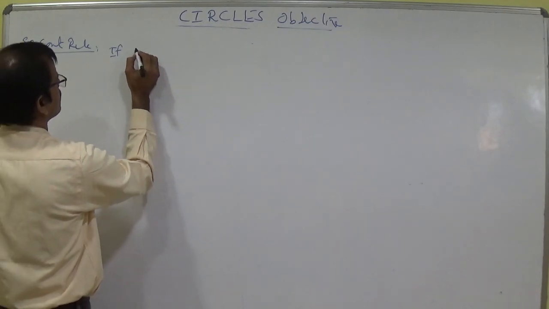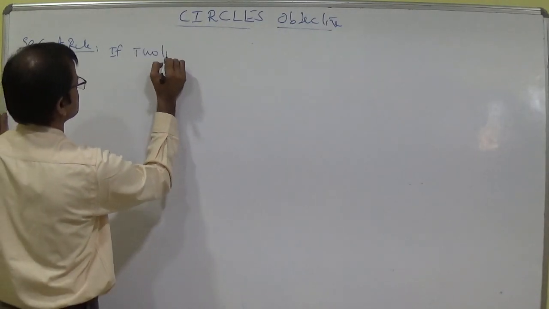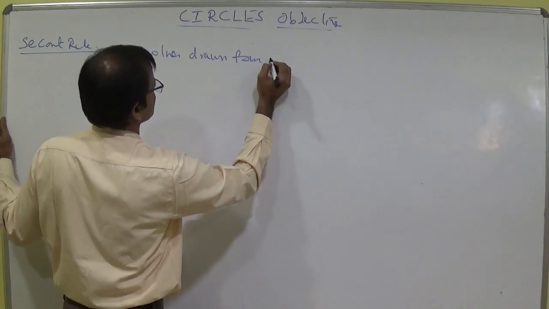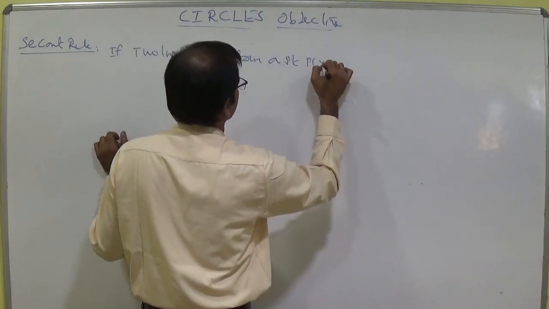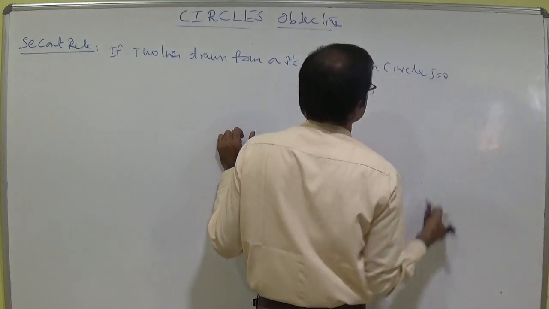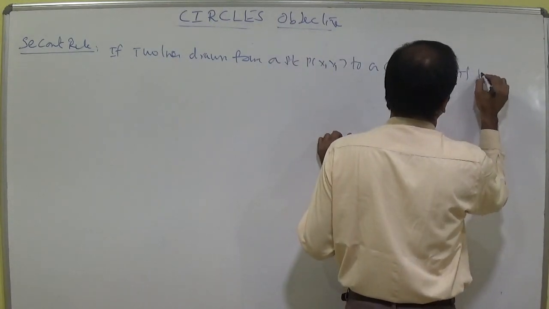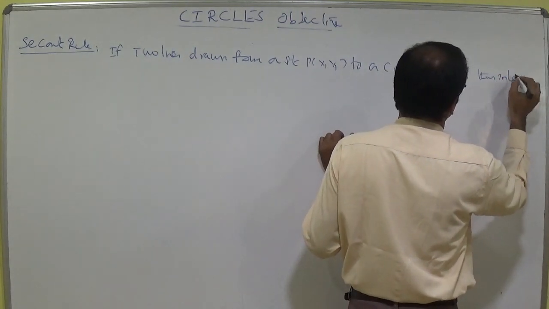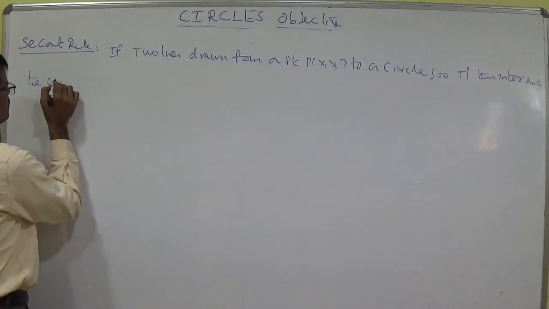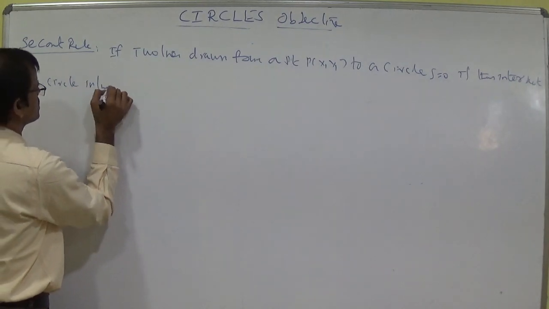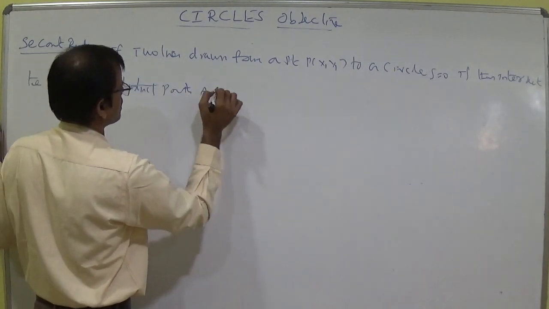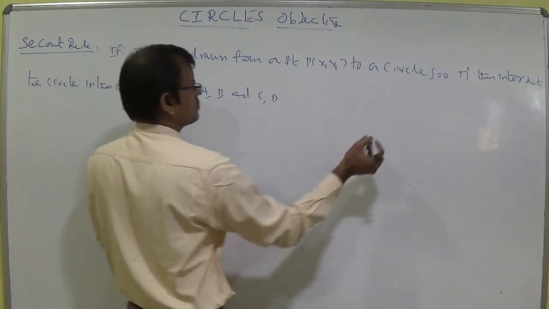If two lines are drawn from a point P(x1, y1) to a circle S equal to 0, and they intersect the circle in two distinct points A, B and C, D, draw like this.